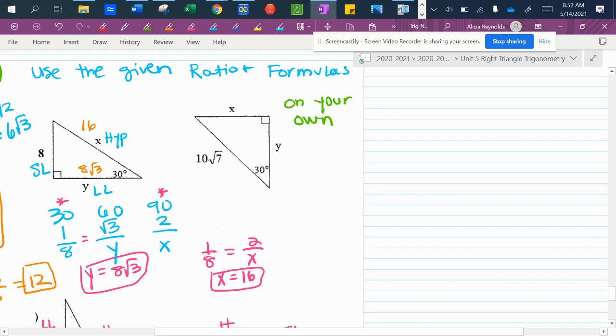So this one, on your whiteboards, show me if we have 30, 60, 90, 1, 2, and root 3, what goes in the denominator? Just show me what goes in the denominator for each of those.